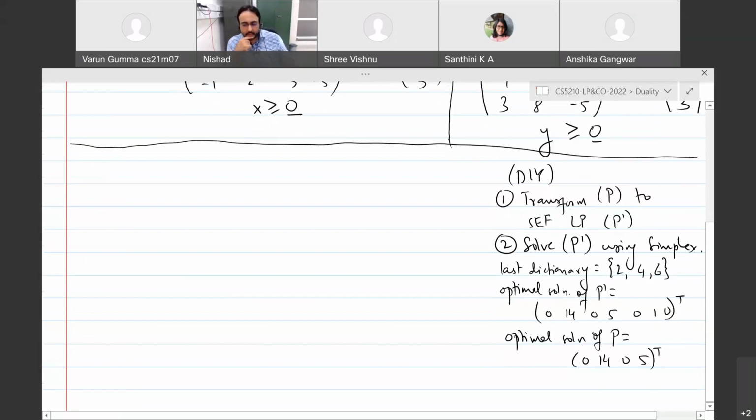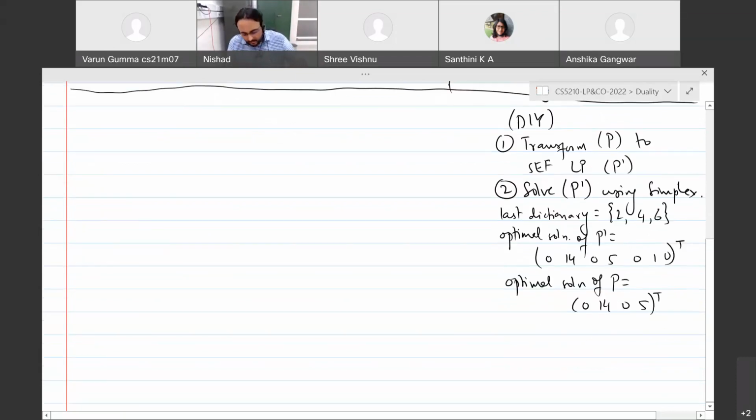All right. And the third point I want you to do is I also want you to find the certificate of optimality. And I will tell you what it is so that you can check your work. So the certificate of optimality you will get for the dual, right? So it will basically be an optimal solution for the dual, right?